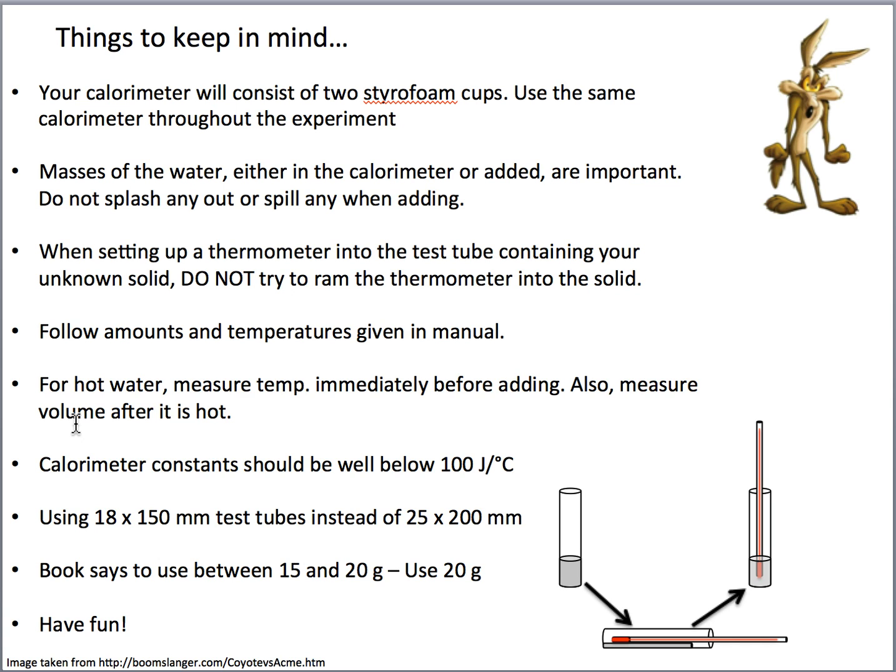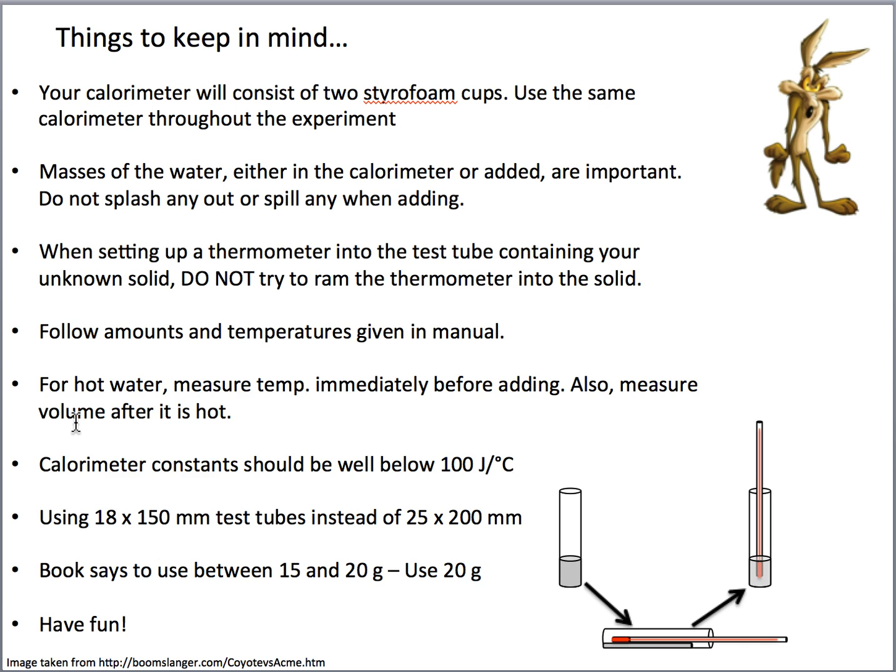So you want to heat it first, then you want to transfer it to a graduated cylinder so that you have the right amount. And the last thing you want to do immediately before adding it to the calorimeter is to check the temperature using a thermometer. You've already started your station recording the temperature in your calorimeter.